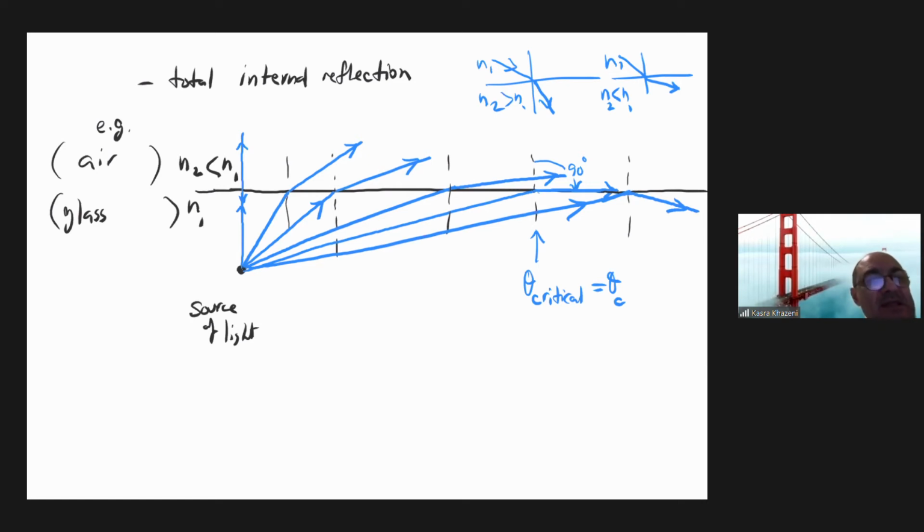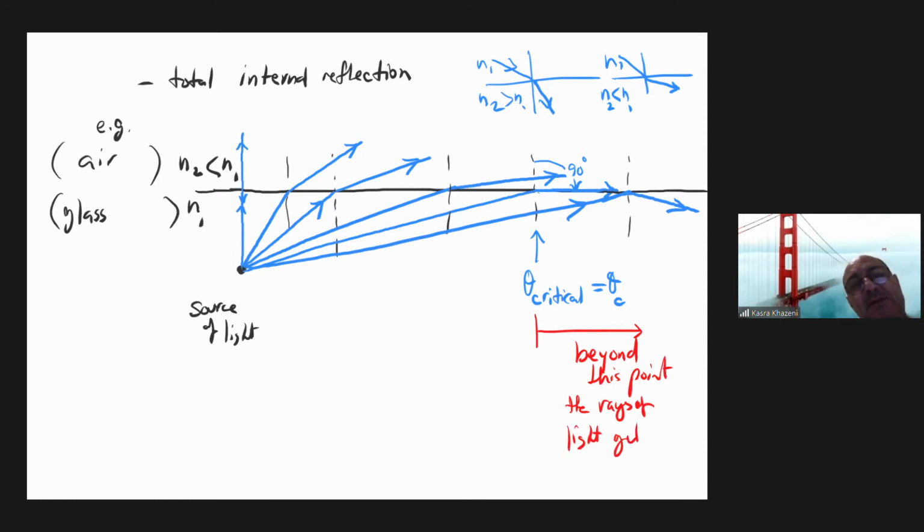So beyond this point, the rays of light get reflected completely. Okay? So they just completely get reflected inside the high index material.